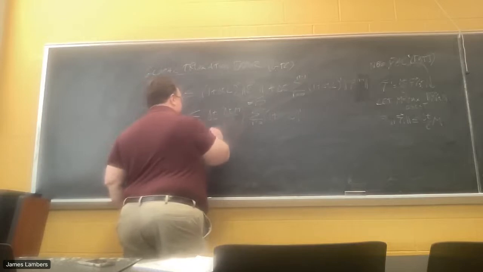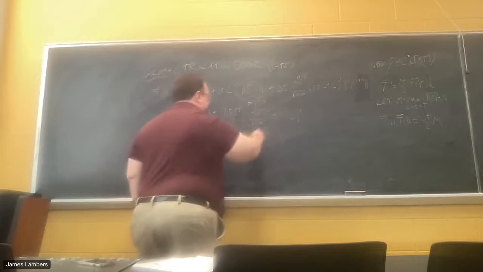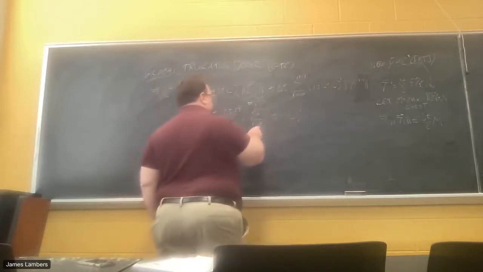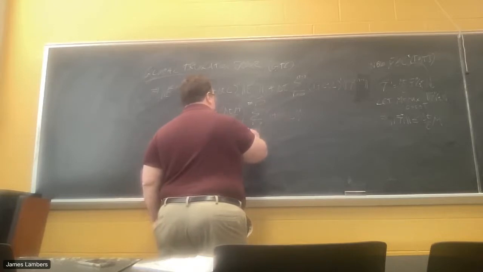Now I have delta t squared m over 2. The formula for this, going from powers 0 up to n minus 1, is 1 plus delta t L to the n, minus 1, over 1 plus delta t L minus 1.